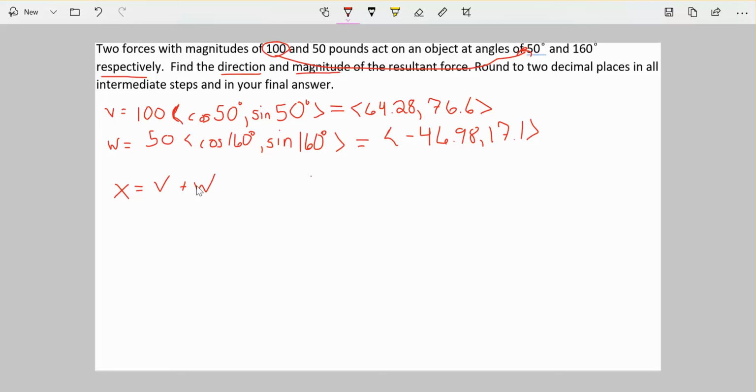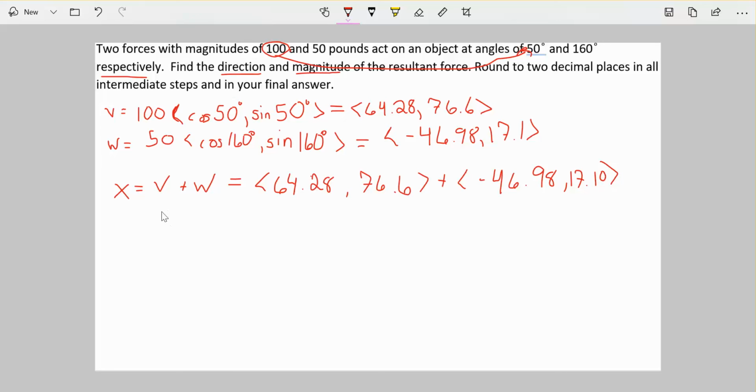So that means I'm going to do the first vector, vector v, 64.28, 76.6, and I am going to add the other vector to that, the negative 46.98 and 0.17 and 0.10. I'm lazy and I don't bother writing the 0 at the end, but really this is 10 hundredths, which is just a tenth.